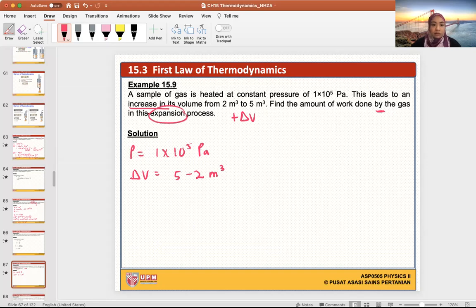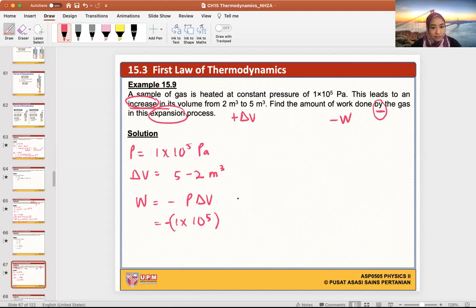So there are 3 hints here. Increase, expansion by the gas. So we know that work should be negative. Okay, it gave the hints already. So W, work done, equals minus P delta V. Work done is actually easy. You just have to get the right equation.